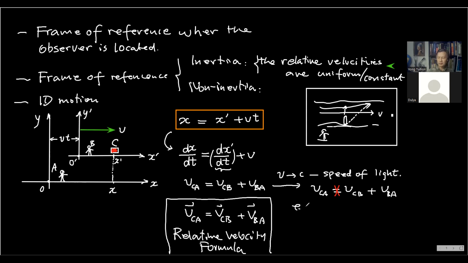For example, if VCB equal to C, right? And then the VCA were equal to C plus this velocity, can you see? Which is larger than C. And this is not acceptable in relativity, you see?